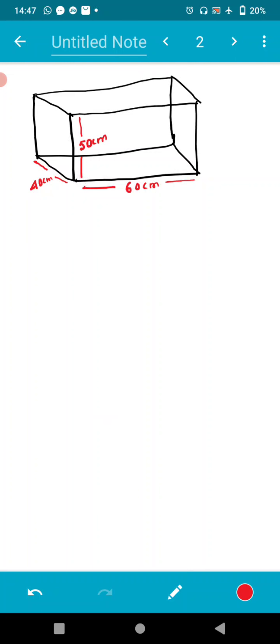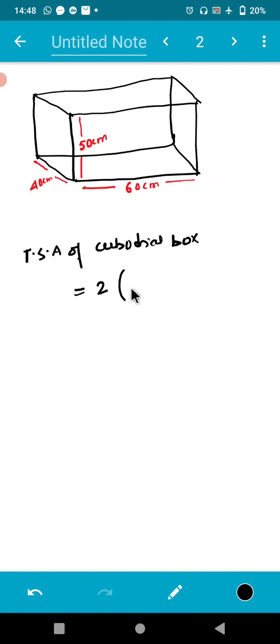Now we have to find out the TSA of this cuboidal box. So TSA of cuboidal box, first of all we'll write the formula, 2(LB + BH + HL). Now we'll substitute the values.